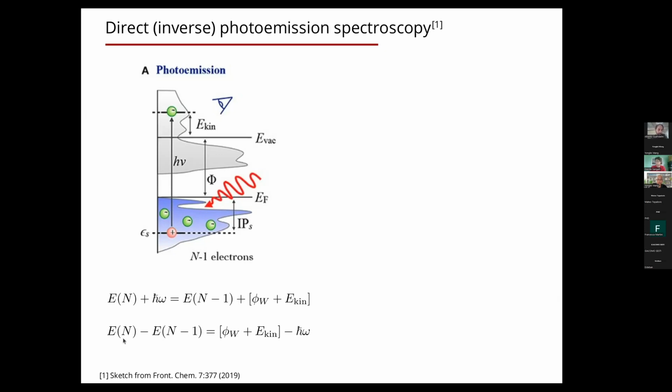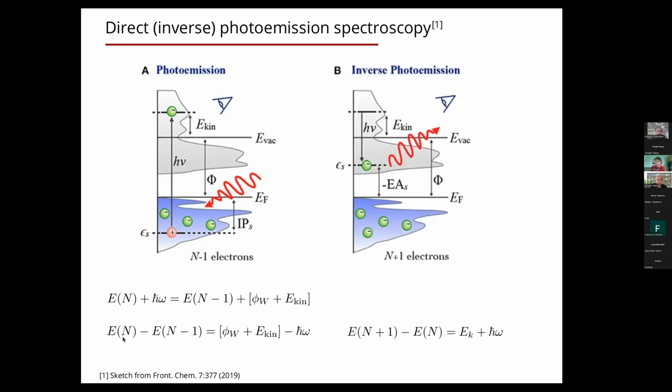Thus, we have a fingerprint of valence occupied states, while in inverse photoemission spectroscopy, the opposite happens. So we inject an electron into a conduction band, then some light is emitted, and again, using energy conservation, we can have some information about the unoccupied conduction states.